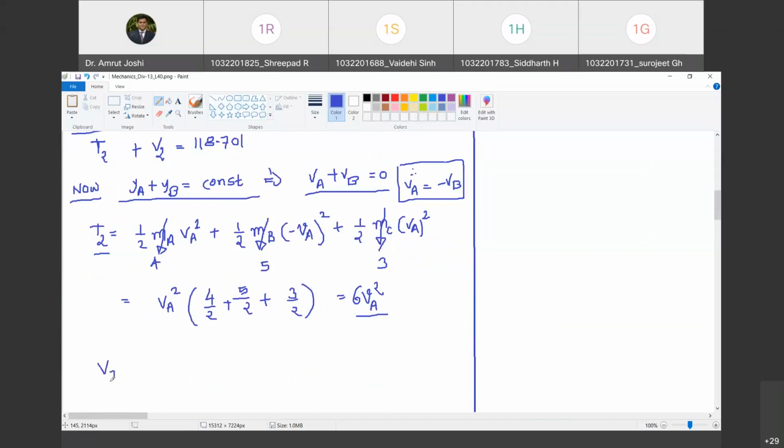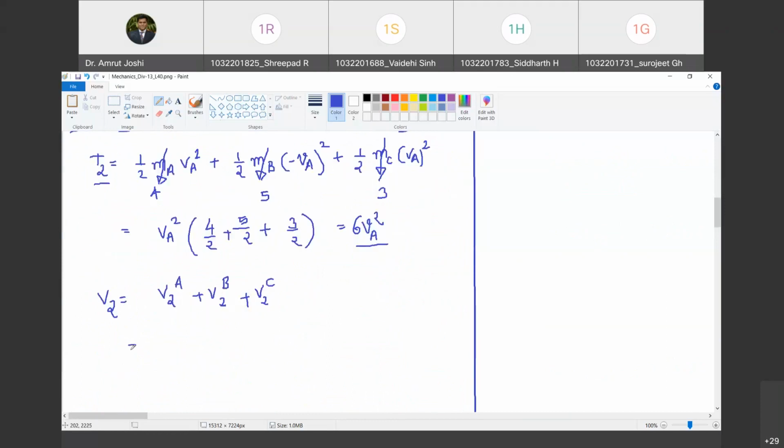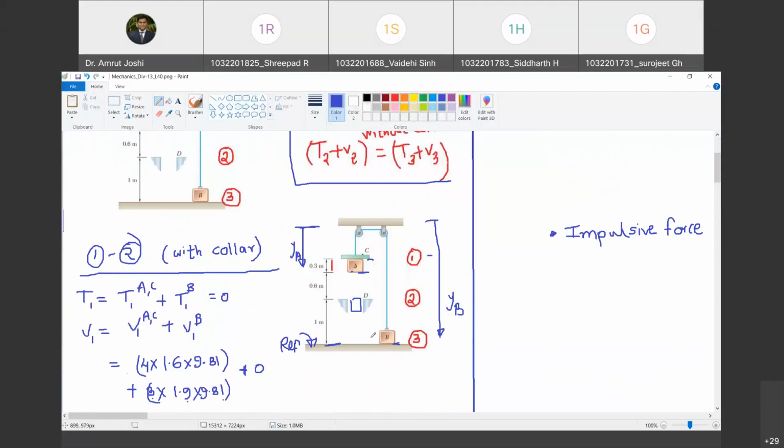Now let us compute the value of V2. V2 is the potential energy at position number 2. It is the summation of potential energies associated with block A, block B and collar C in position number 2. So what is the potential energy associated with block A in position number 2? This height will now be 1 minus 0.3, so this is going to be 0.7.